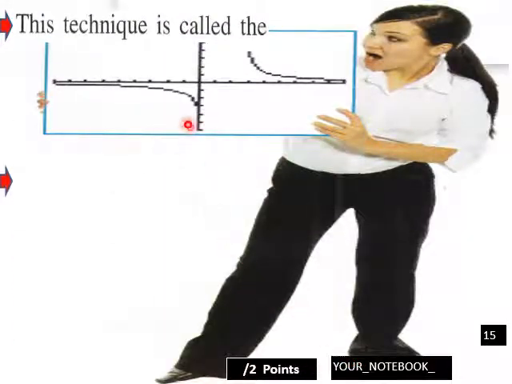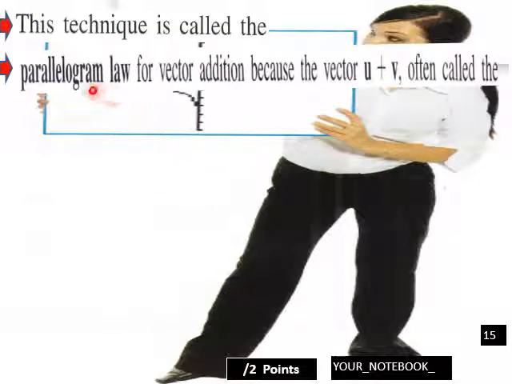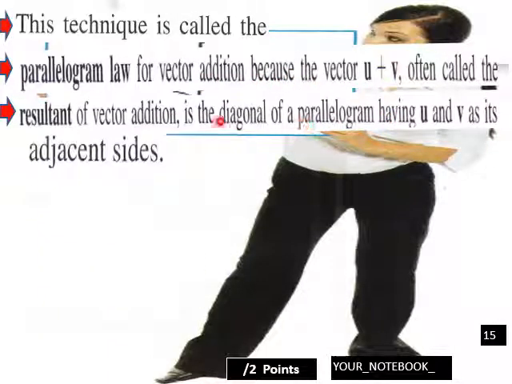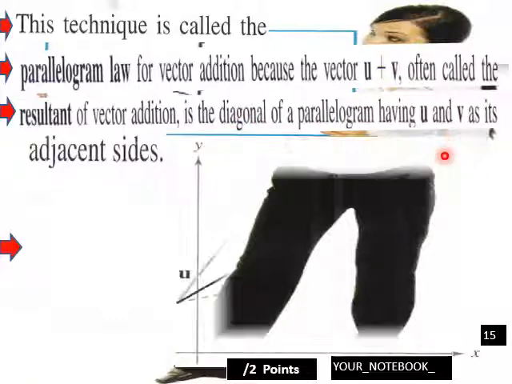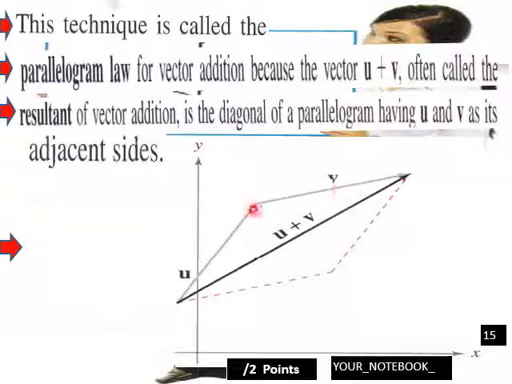Notebook entry. This technique is called the parallelogram law for vector addition, because a vector u plus v is often called the resultant of vector addition, and it is the diagonal of a parallelogram having u and v as its adjacent sides.